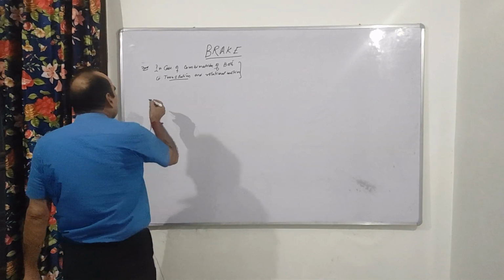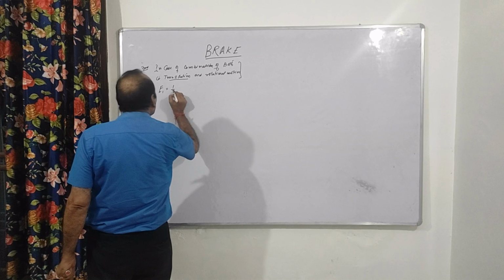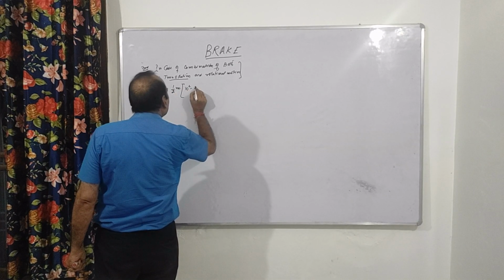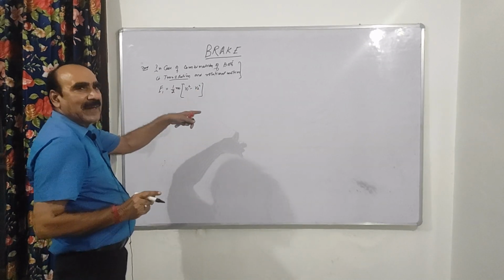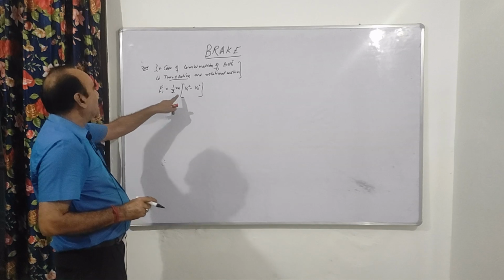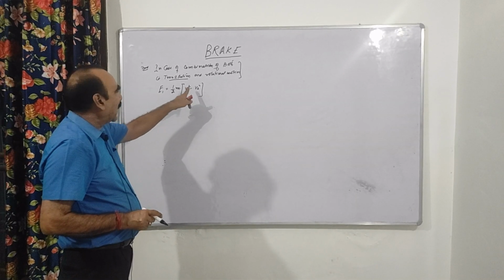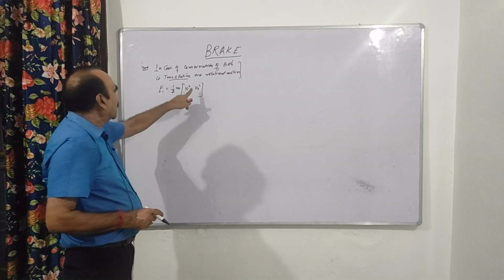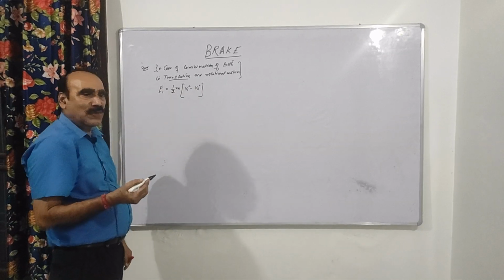Say this is E1, which I have calculated as 1 by 2 m (V1 square minus V2 square). That was it, right? When we apply the brake, if a body is moving with initial velocity v1 meter per second, and when I apply the brake the velocity reduces from v1 to v2, then the change in kinetic energy E1 is equal to this when the body is in translation motion.